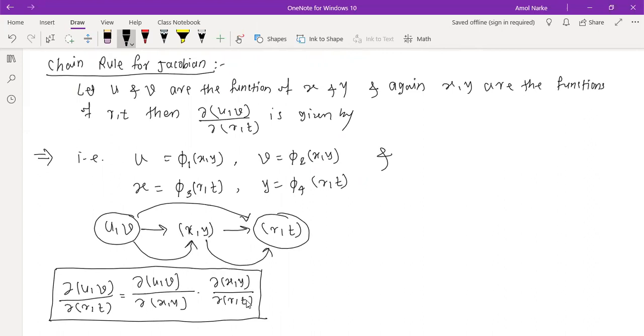So please write this down. Done with the writing?